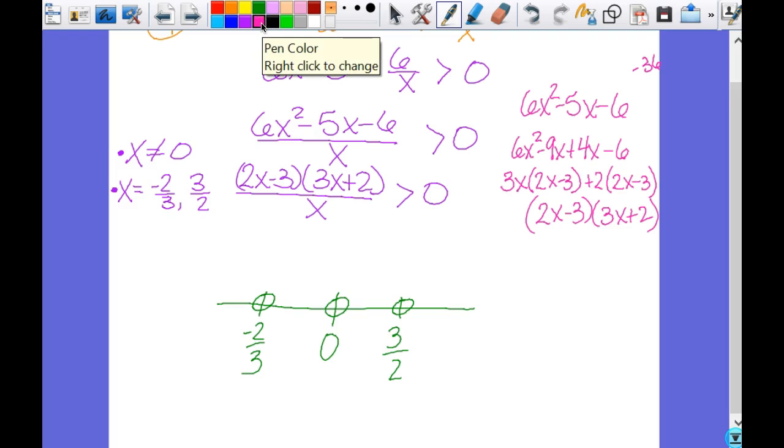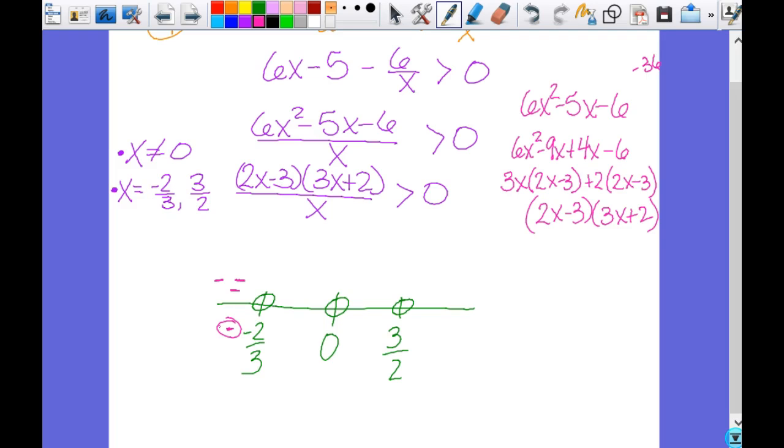All right, so now I look at, I'll give it's a negative 2/3. I could use a negative 1 right here, right? So negative 1, if I put negative 1 in here, this gives me all negative. What happens when I put a negative 1 in here? Negative, and then negative. So overall it is negative. Everybody agree with that?